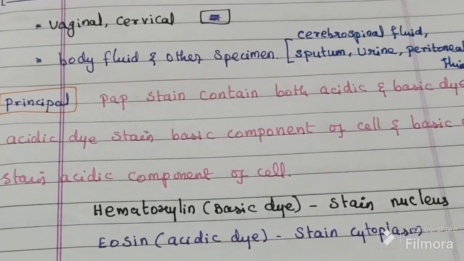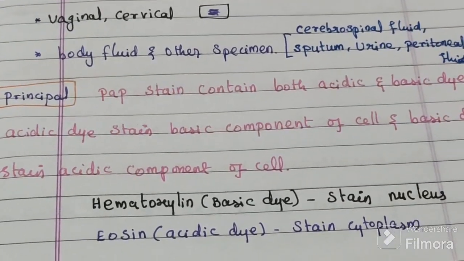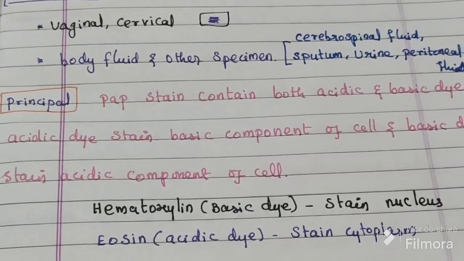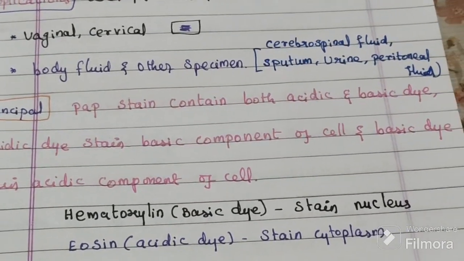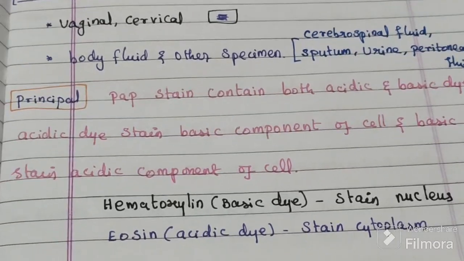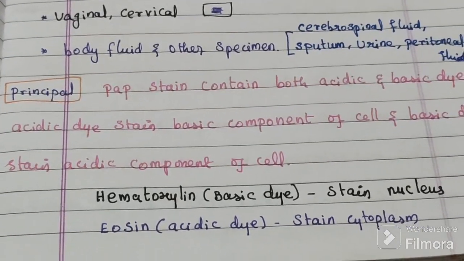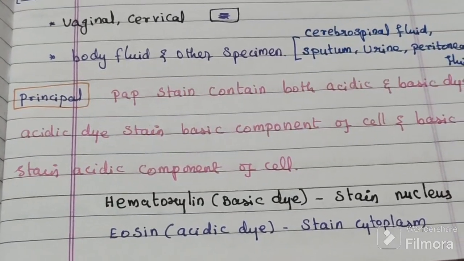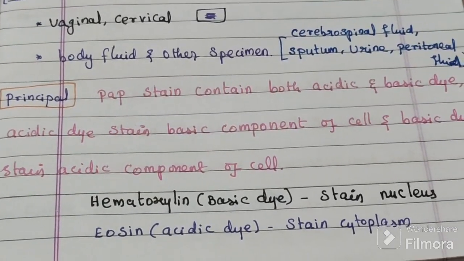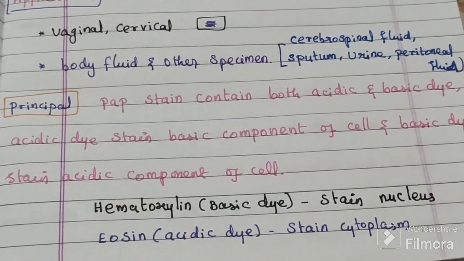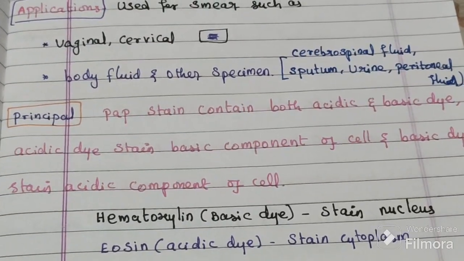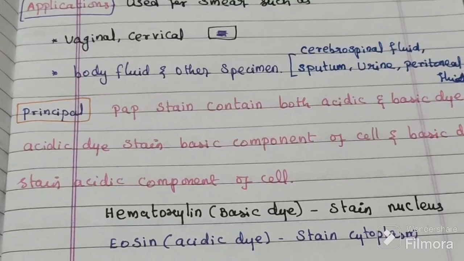So what are the dyes here? For example, hematoxylin is a basic dye stained for the nucleus. What is the role? Basic dye stains the acidic component, so the nucleus is the acidic component. Then eosin is an acidic dye. It stains the cytoplasm, so the cytoplasm is the basic component.